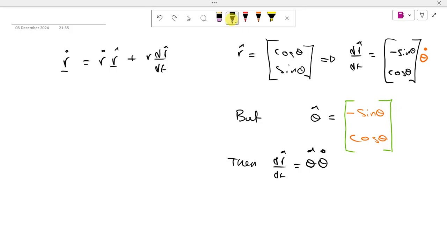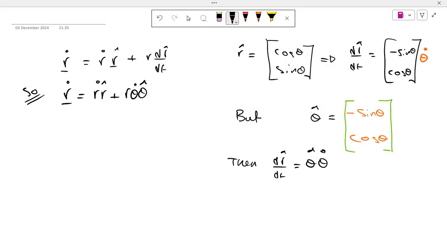So over here we've got r dot, well, the vector r dot is equal to r dot times r hat plus r theta dot theta hat.